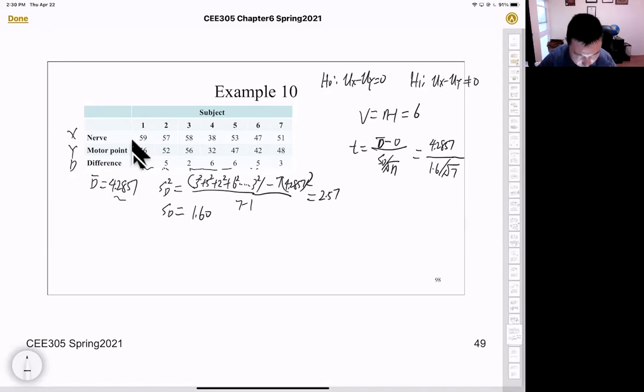So the t value is 7.08. It turned out from table 8.3 that the p-value is less than 0.0105.